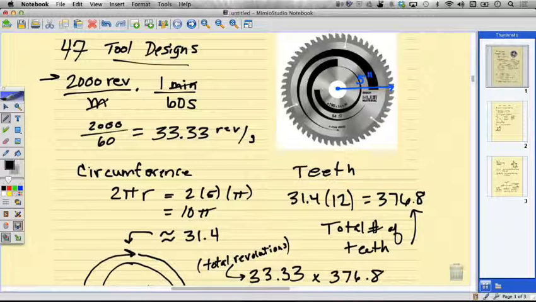This is my angular speed. They gave it to me in revolutions per minute. So it spins around 2,000 times in 1 minute. How many times does it spin around in a second? We can convert revolutions per minute to revolutions per second by simply converting the minutes into seconds. 2,000 divided by 60 equals 33.33 revolutions per second.